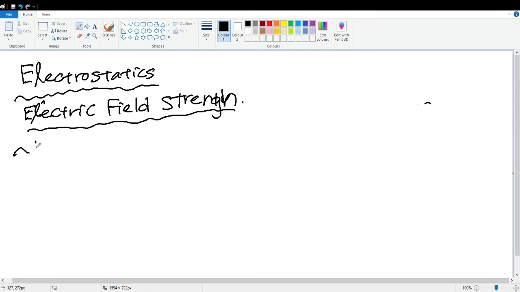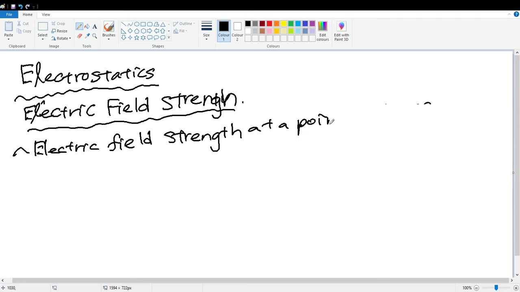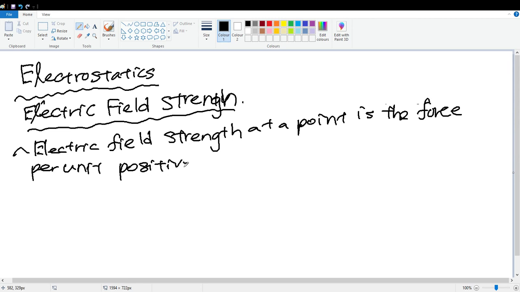So electric field strength is defined, at a certain point, as the force per unit positive charge.